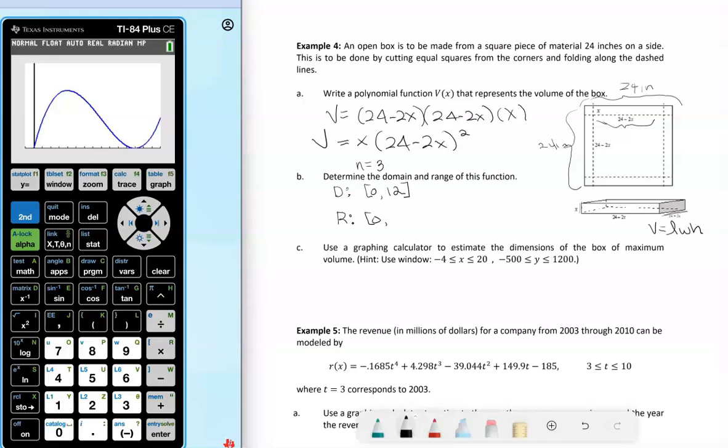So from 0 to 12, right here, we have this set up to where we can see the maximum value. So I'm going to go second, calculate, maximum, and I'm going to go left and right.